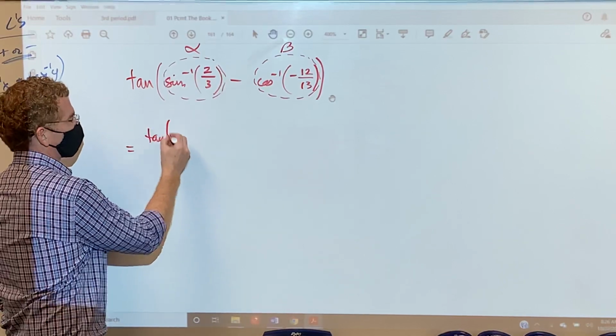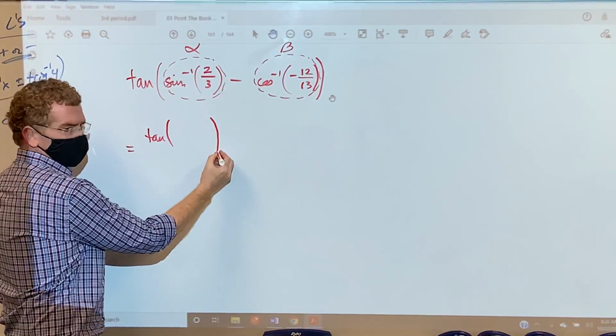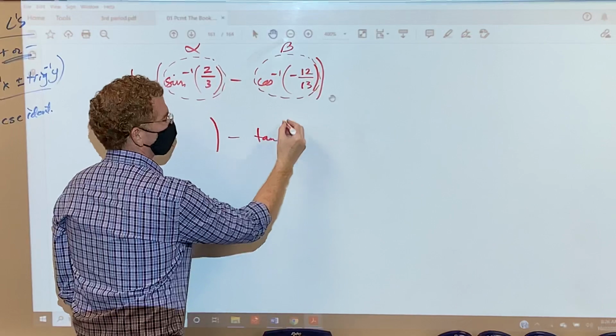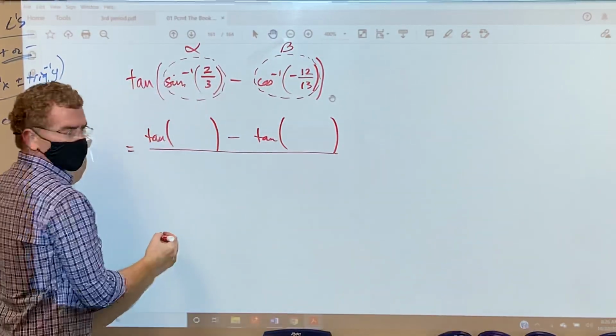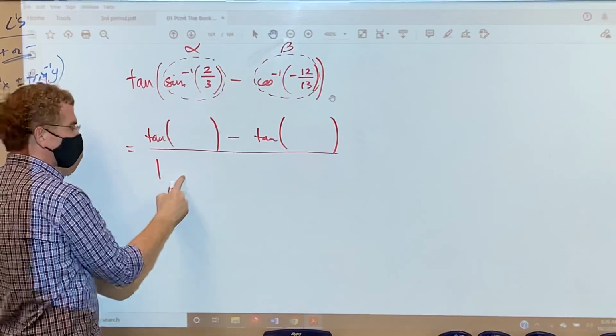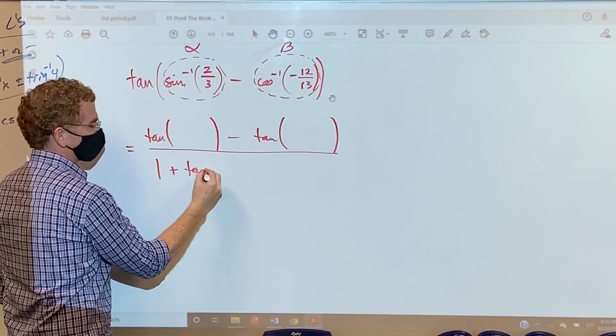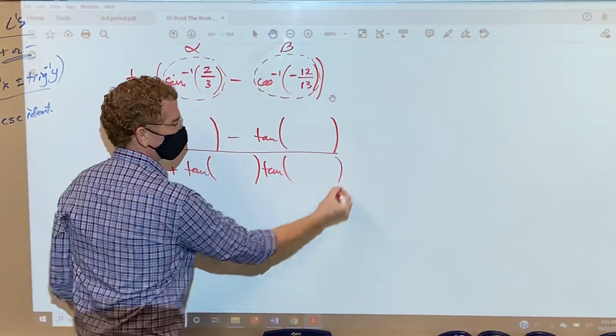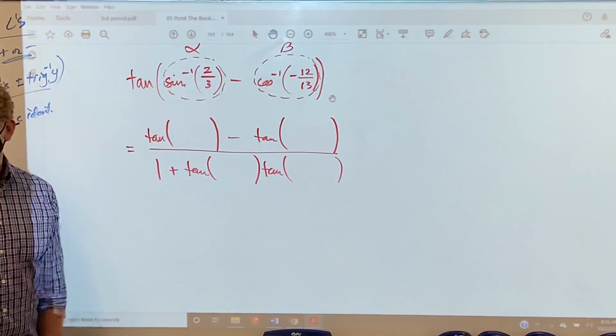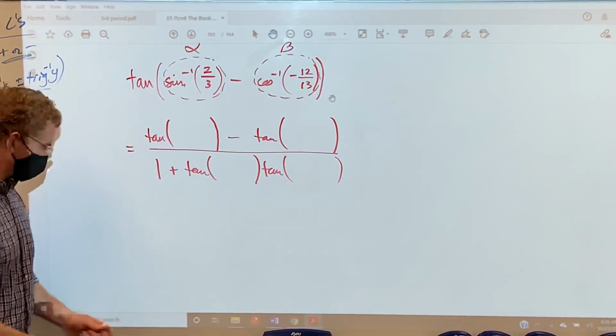Tangent of the alpha minus tangent of the beta over 1 plus tangent of the alpha times tangent of the beta. And that's my identity.